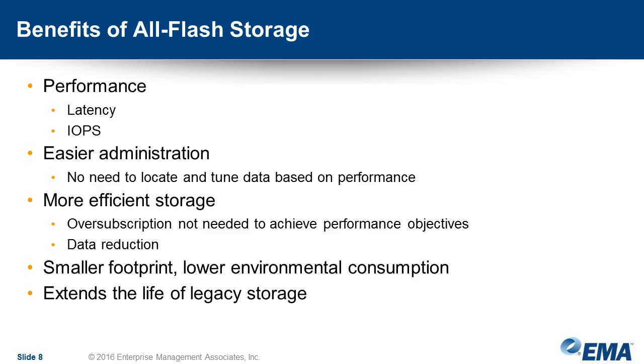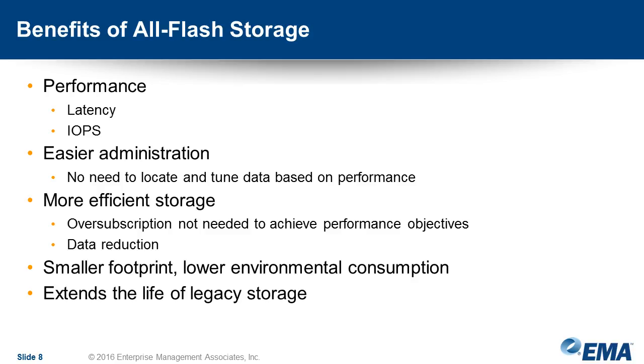With flash, the lower latency, deduplication can be performed with some performance degradation, but still significant performance can be achieved even with deduplication, which ends up with data reduction results of about 4 or 5 to 1 in a typical enterprise.